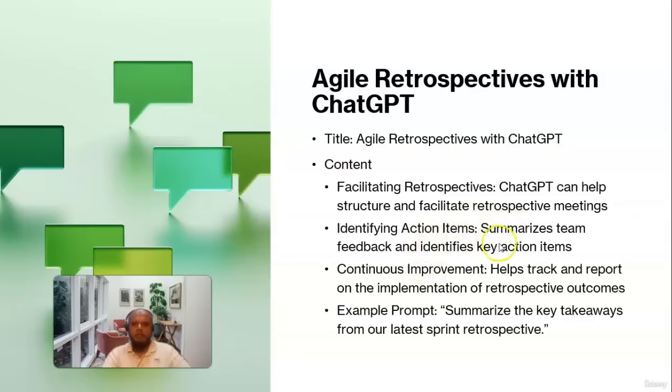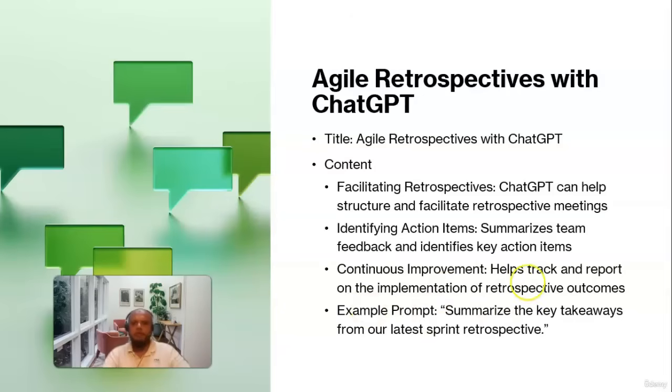Identifying action items: it can summarize team feedback and identify key action items to address for the next sprint. And continuous improvement: ChatGPT helps track and report on the implementation of retrospective outcomes, ensuring that improvements are made and sustained.